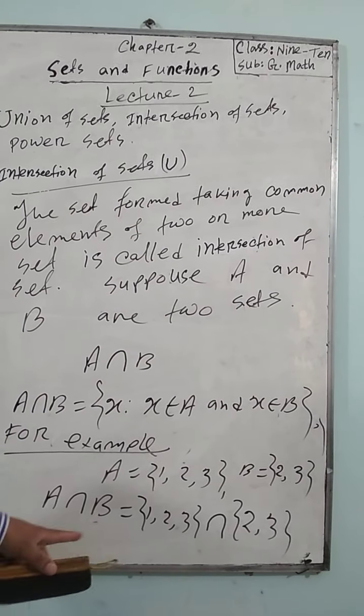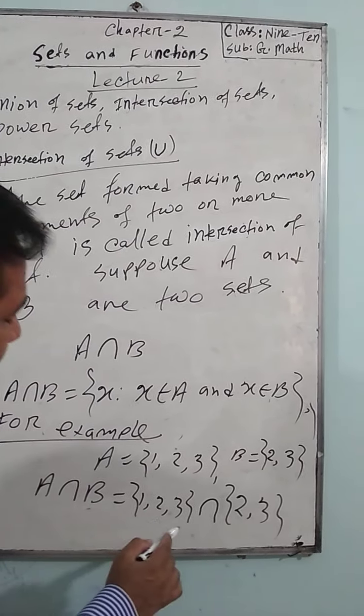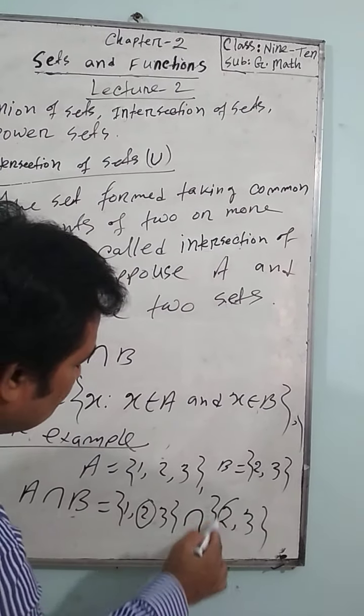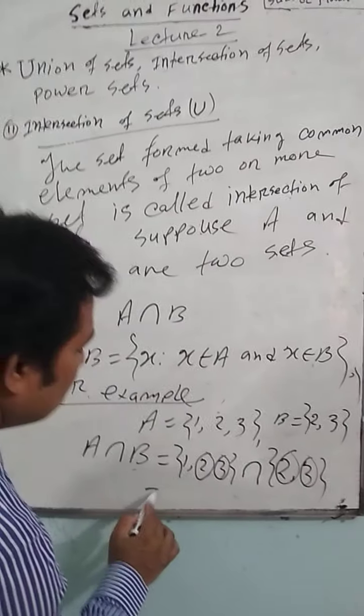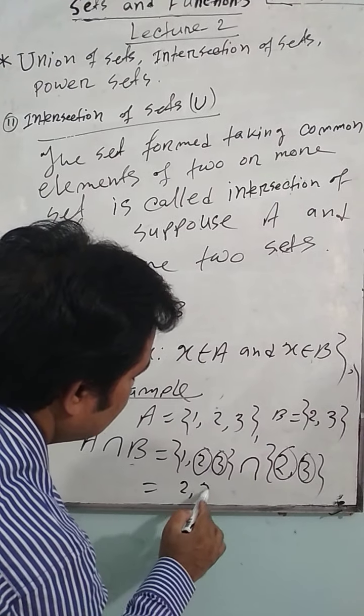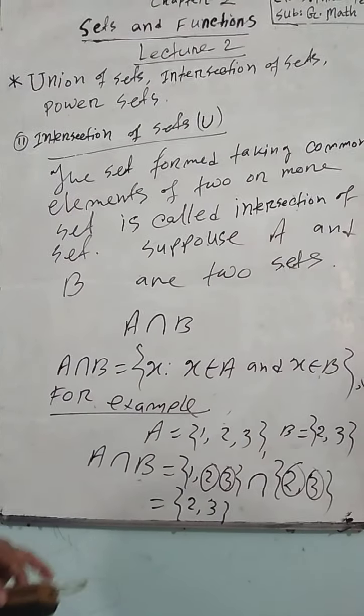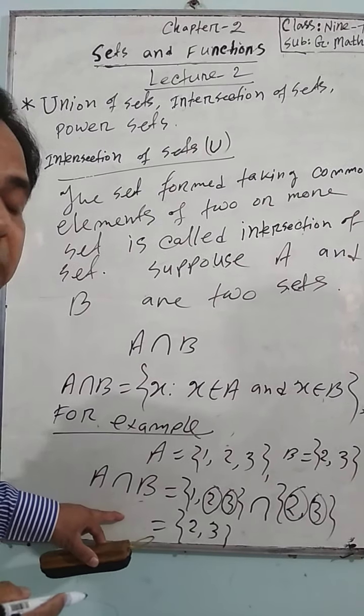Here the common elements are only 2 and 3. We can write the result {2, 3}. This is the intersection of sets.